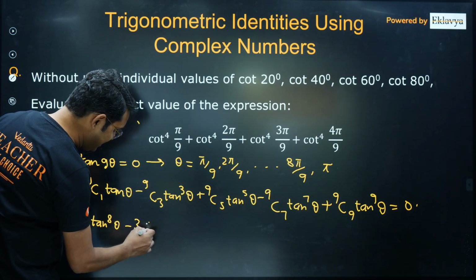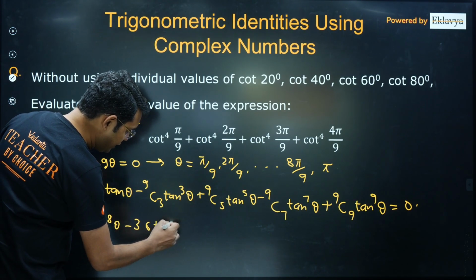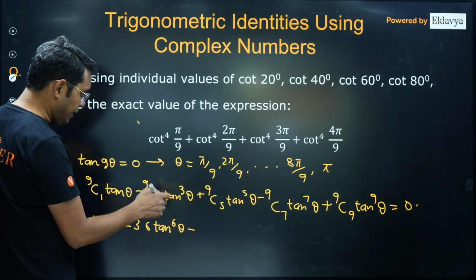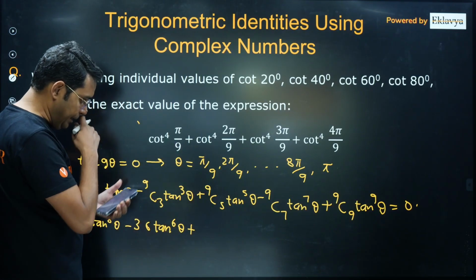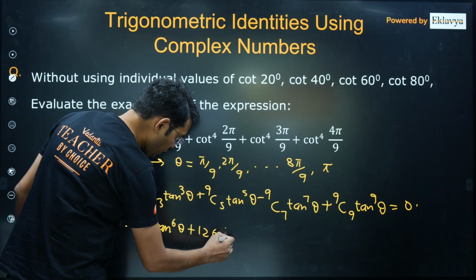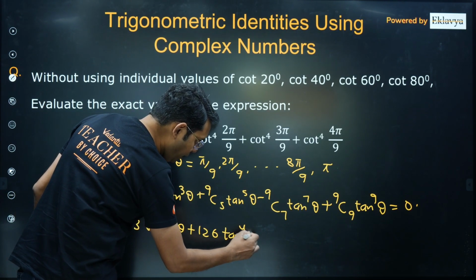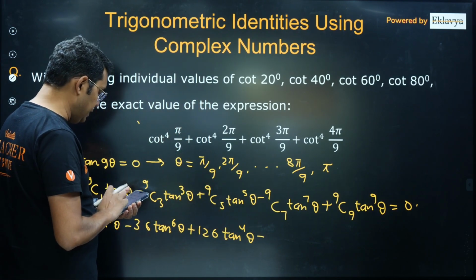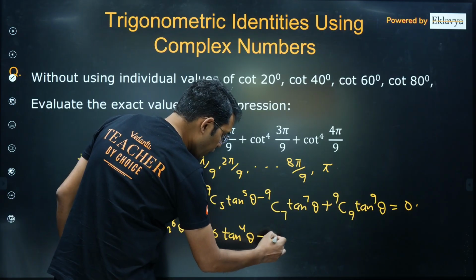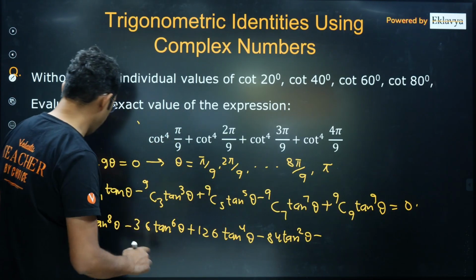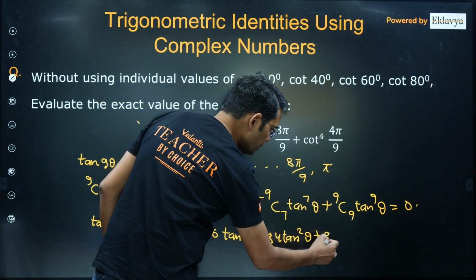So 36 tan raised to the power 6 theta. Then it will be plus 9c5. The 9c5 value is, I think, 126. So this will be 126 tan 4 theta, and then minus 9c3. 9c3 is, I think, 84. So 84 tan square theta, and plus 9 is equal to 0.